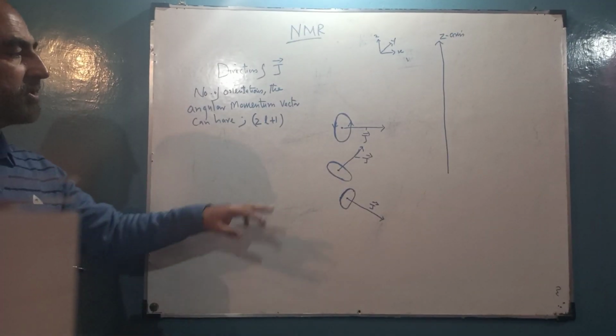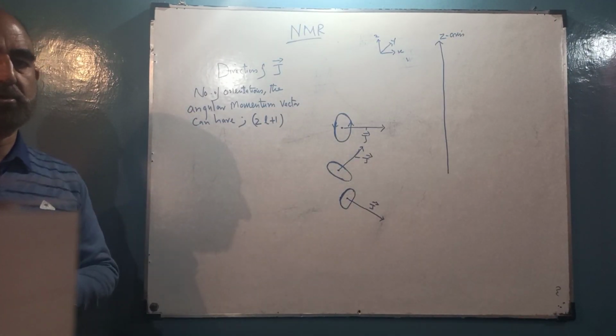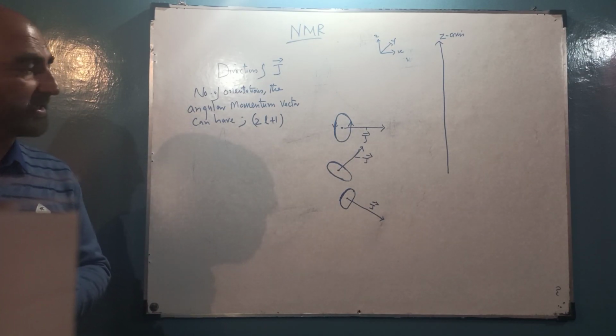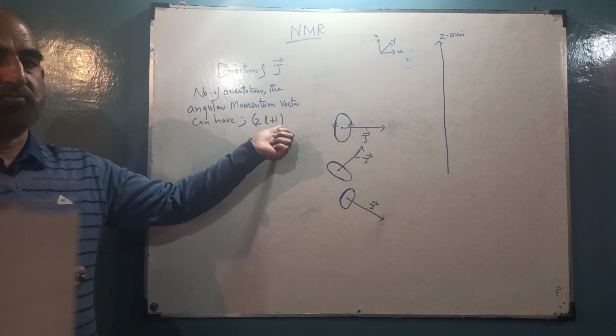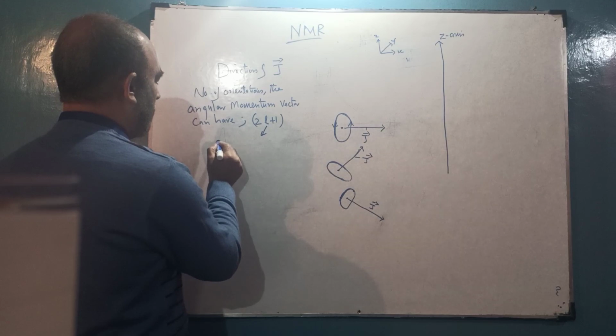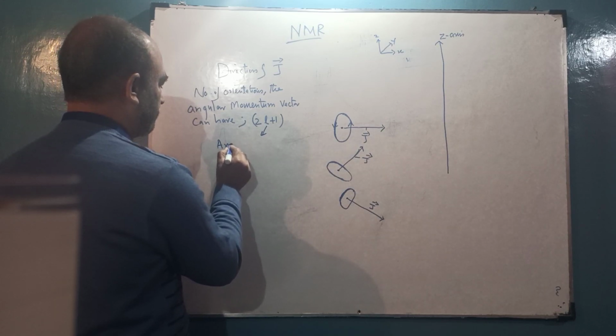That means the total orientations permissible to a quantum particle, unlike the classical particle, is only 2L plus 1, where L is the quantum number we call the angular momentum quantum number.